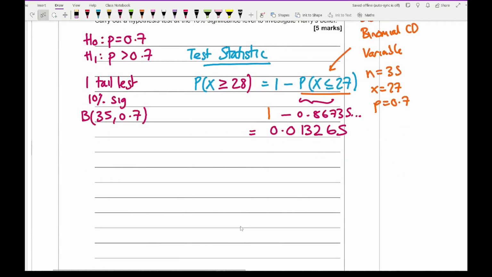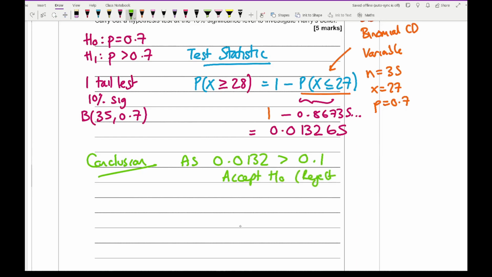So all that's left for me to do is come to the conclusion. As 0.0132 is less than 0.1, we reject H0 or accept H1, whichever floats your boat.